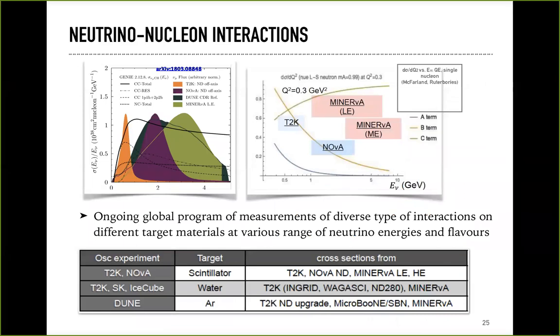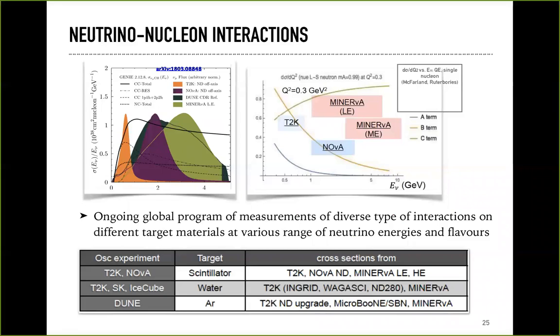You can see there are different neutrino interactions, and depending on the different experiments on the right-hand side, they are sensitive to different neutrino energies, so to different neutrino interactions.